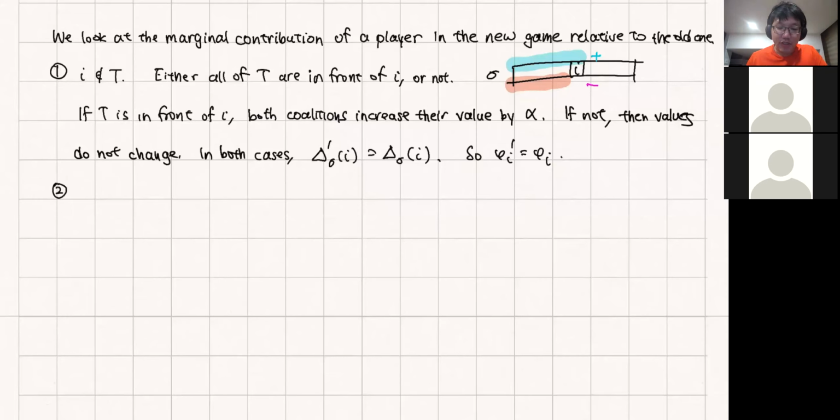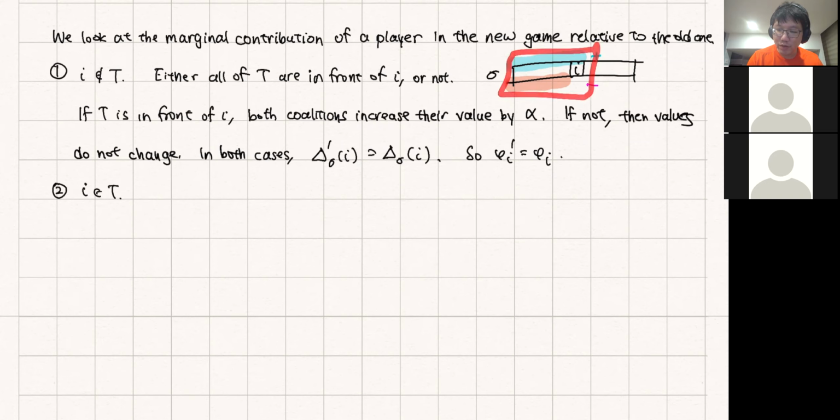The more interesting case is when player I is actually in T. So player I is in T. We look at this situation again.